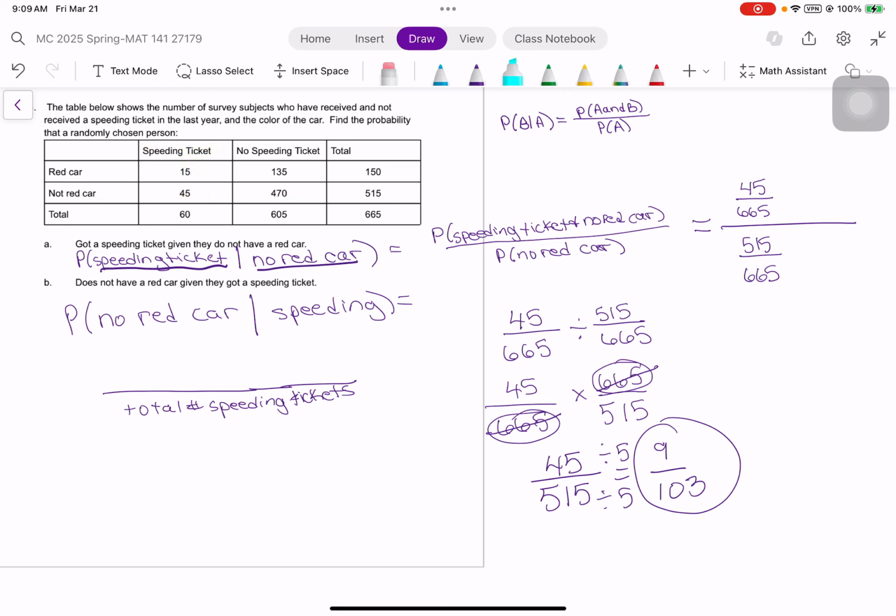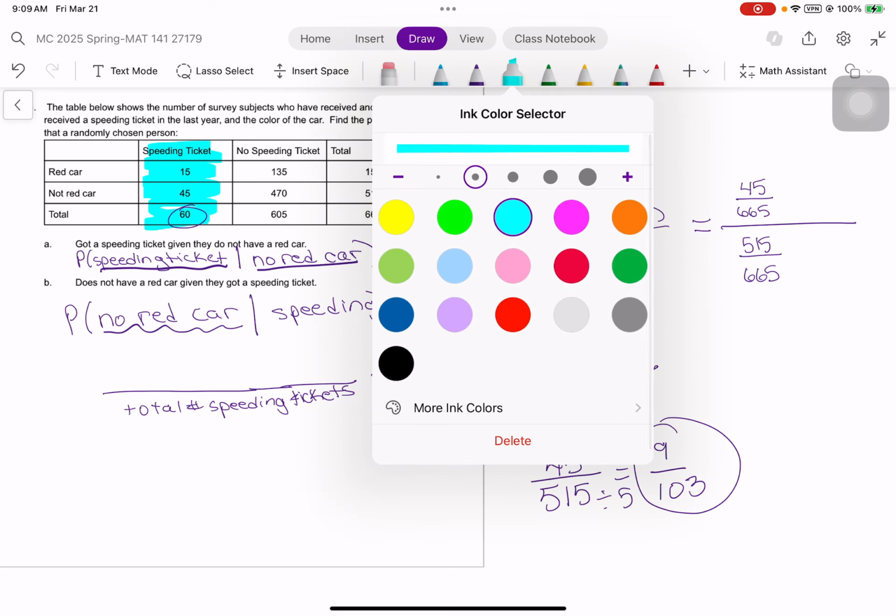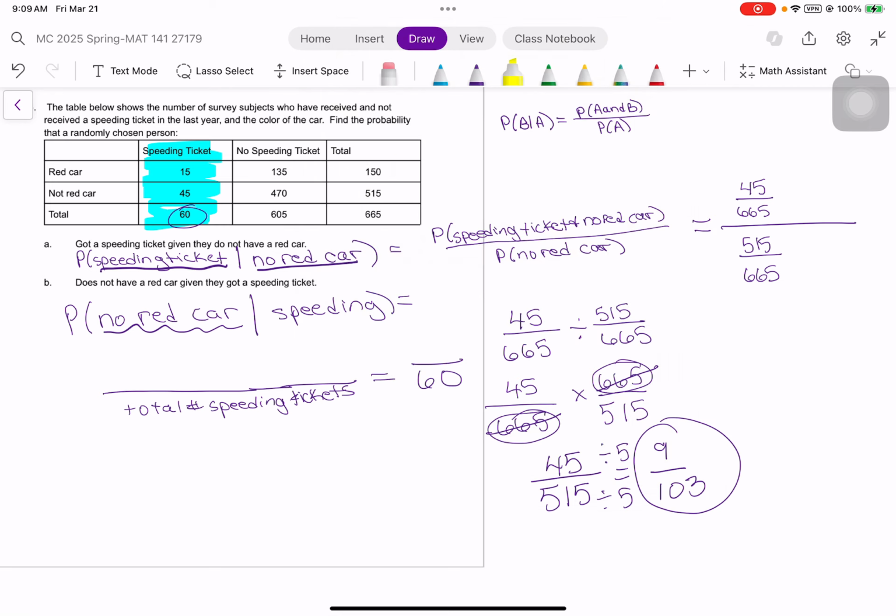All the people who got a speeding ticket are here. So the total is going to be that 60. So those are the people that we're interested in. Now we want, of those people that have a speeding ticket, how many have no red car? I keep saying red car. So no red car. That's right here. So it's 45 out of 60.